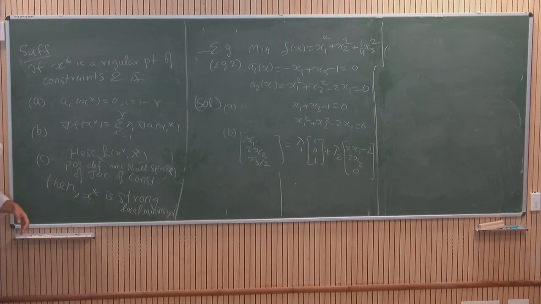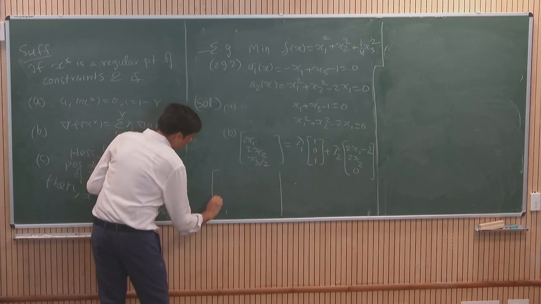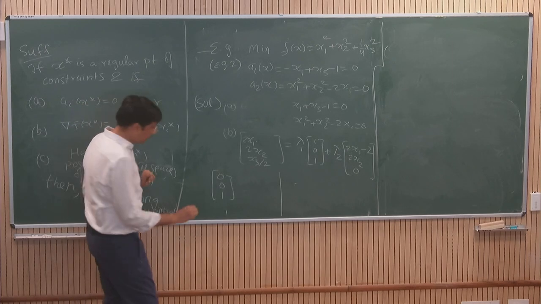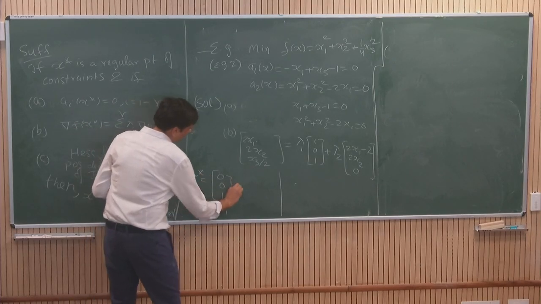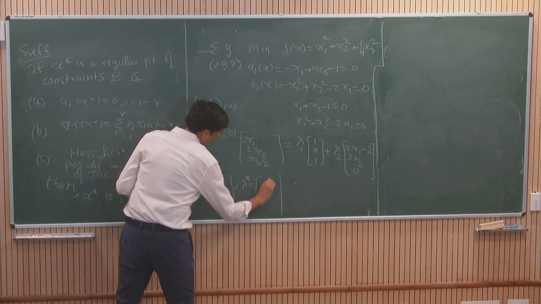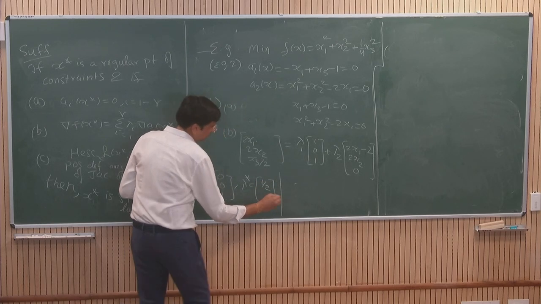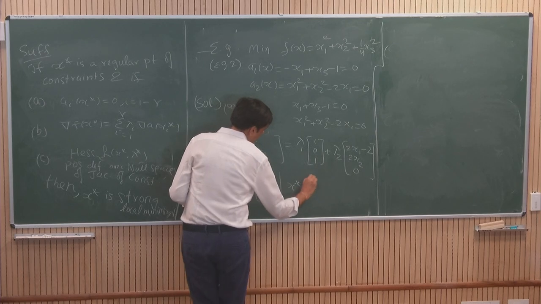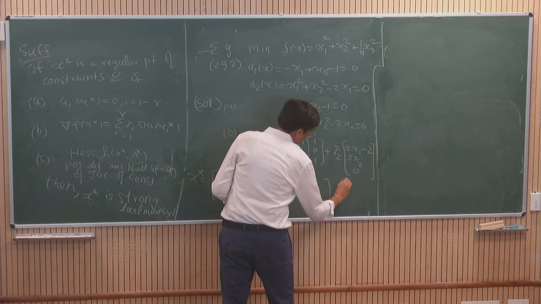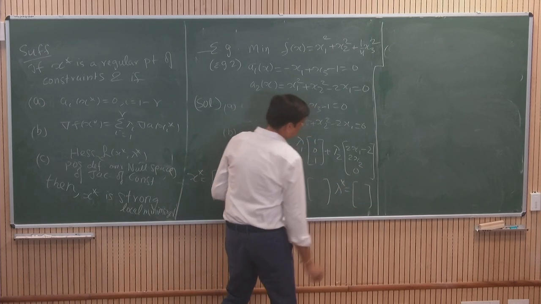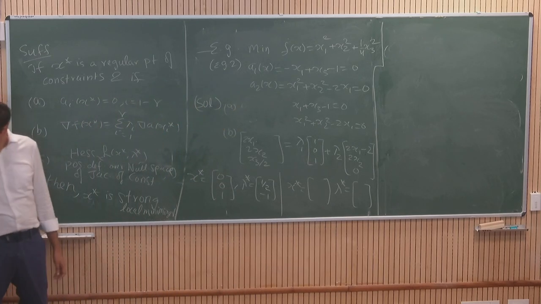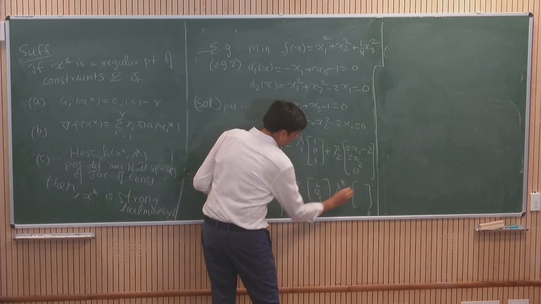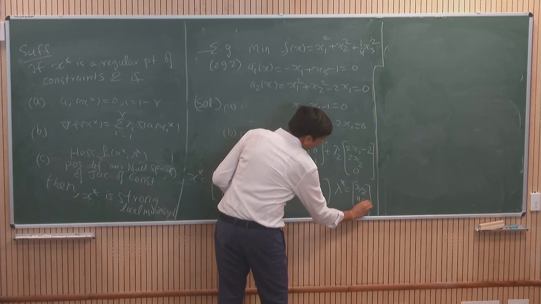Tell me. 0, 0, 1 was x star, and lambda star was half. And the other one was, what was the other one? 2, 0, 3 and 3 by 2 and 11 over 4.